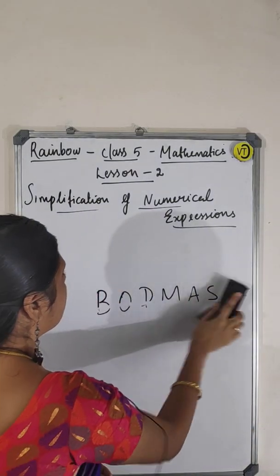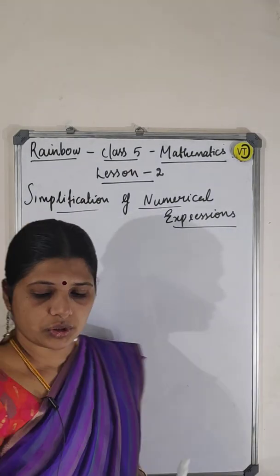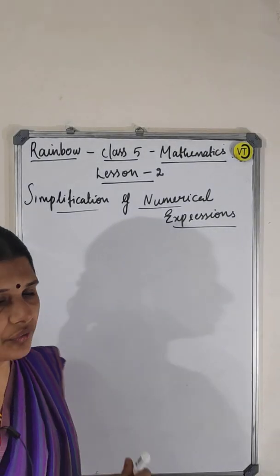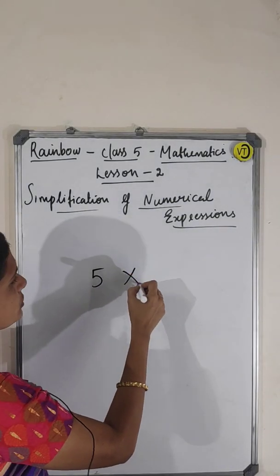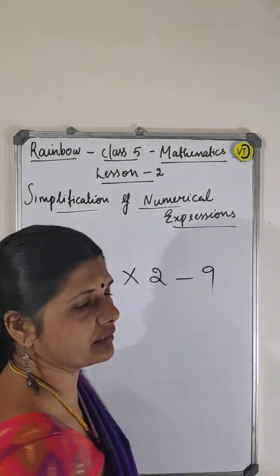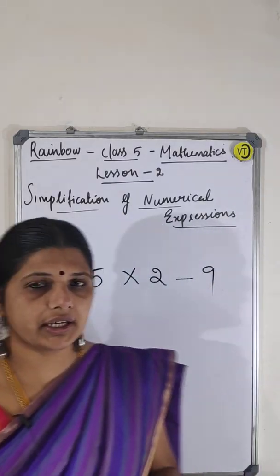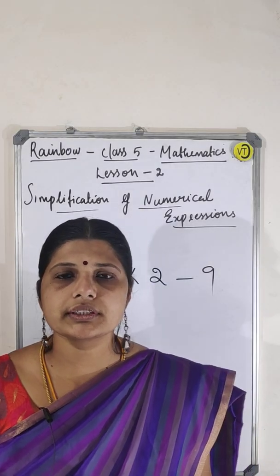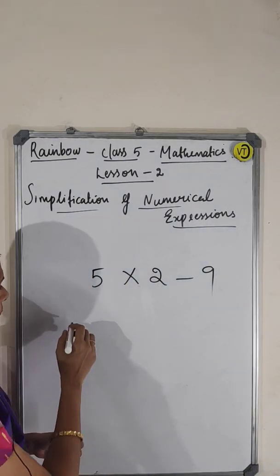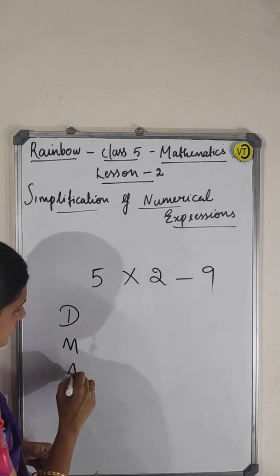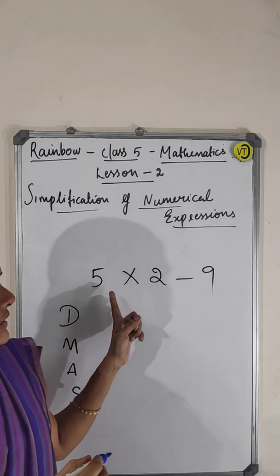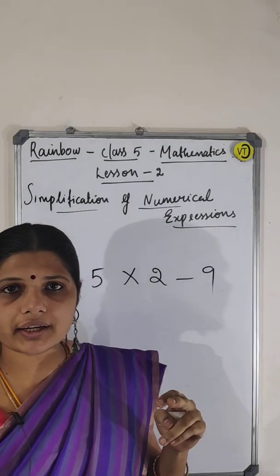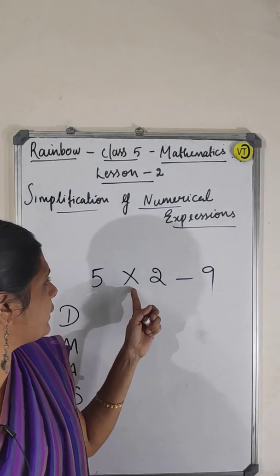Okay guys, now I am going to do one problem. Find the value of 5 into 2 minus 9. How do you do this? I told you the DMAS rule. In the DMAS rule, division is not there, so you leave it. Then multiplication is your next priority, and multiplication is there.